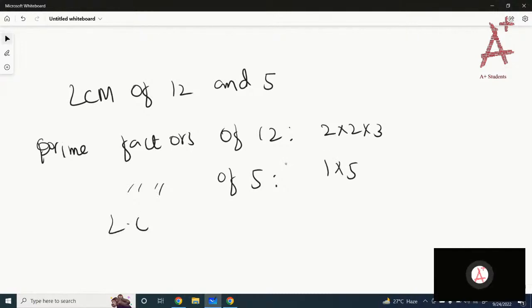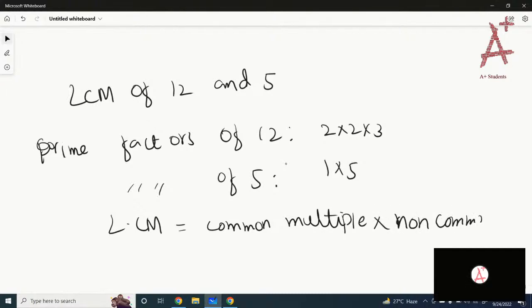So for the LCM, we have to look for the common and non-common multiples. We don't have any common multiple here, so just write the non-common multiples. Or you can say you have 1 as a common factor because 1 is a factor of every number.